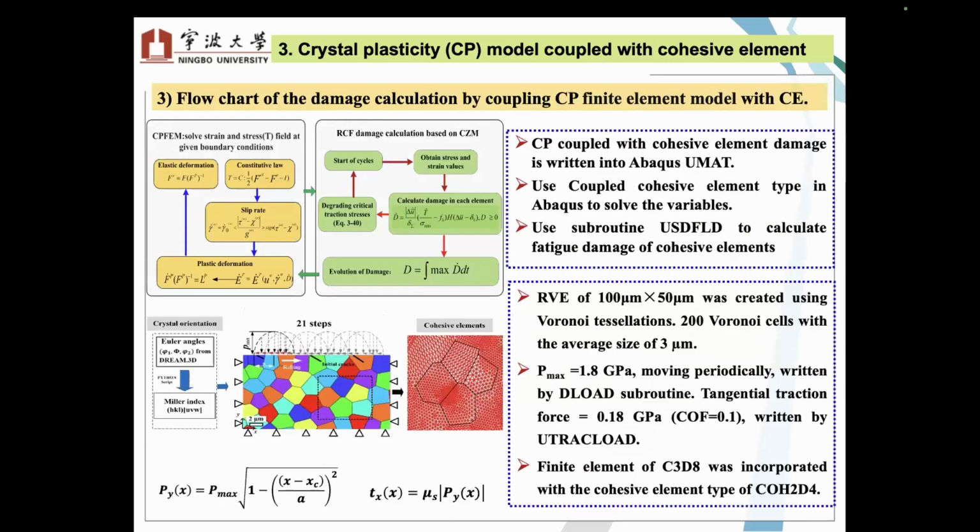Here's the RVE model. What I want to stress here is that we put 1.8 gigapascal contact stress on the surface, and then a tangential traction force along the surface with a coefficient of friction of 0.1.